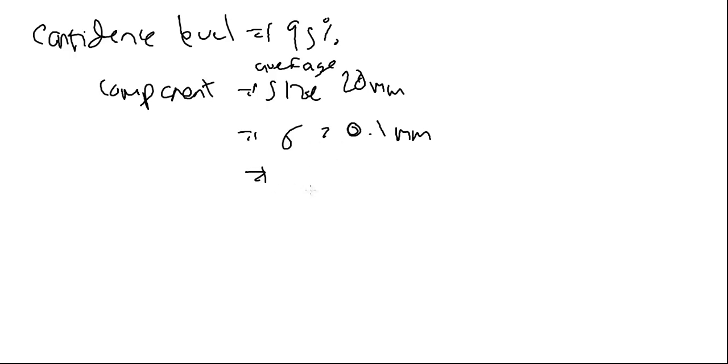And then from that past paper question, we also had the tolerance, and say that was something like 0.25 millimeters. So that tells us how much variation we're allowed, how much variation before the thing breaks.